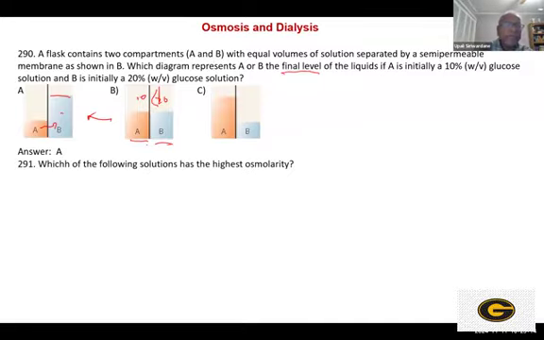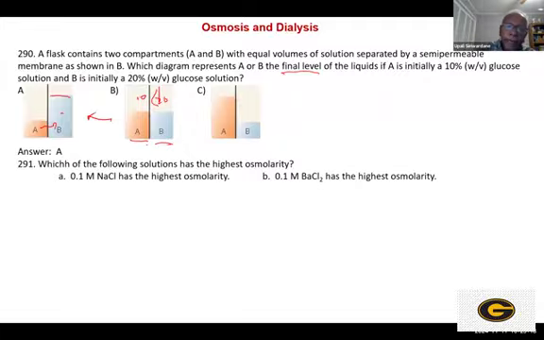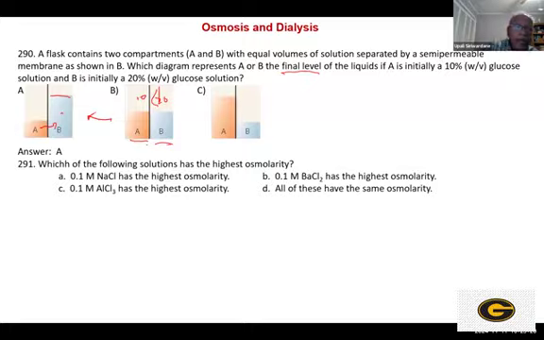Which of the following solutions has the highest molarity? These all have the same molarity. Osmolarity depends on the number of particles. Sodium chloride breaks up in water to 2 particles, 3, 4 particles. Aluminum chloride, 4 particles.